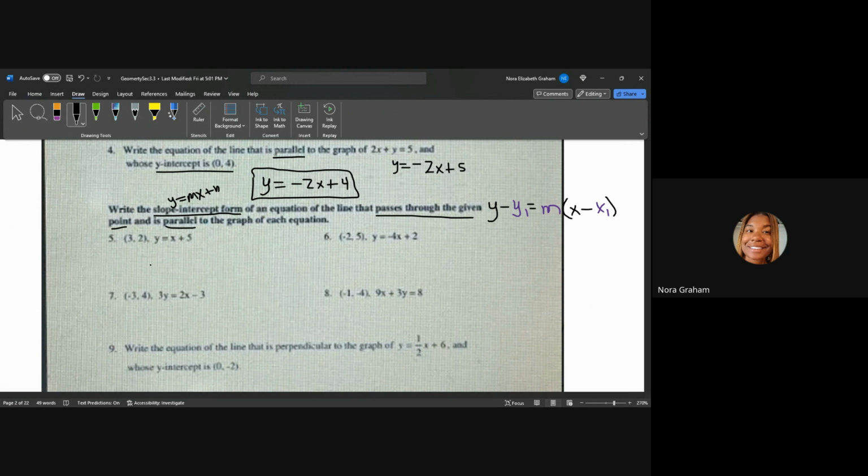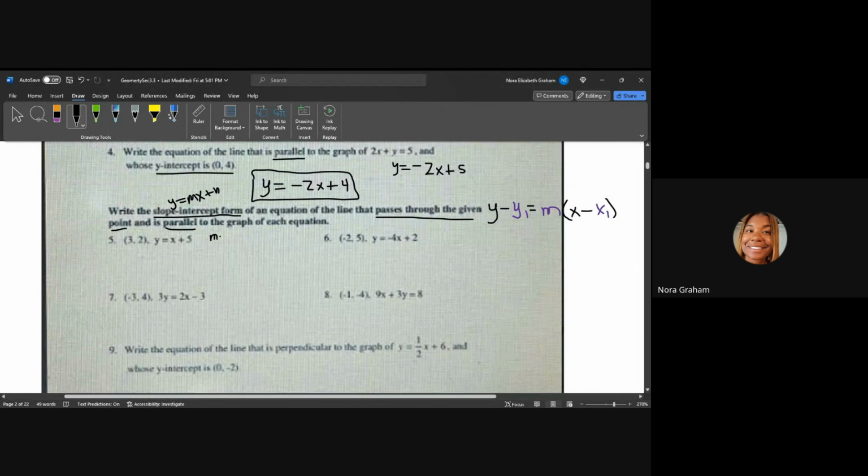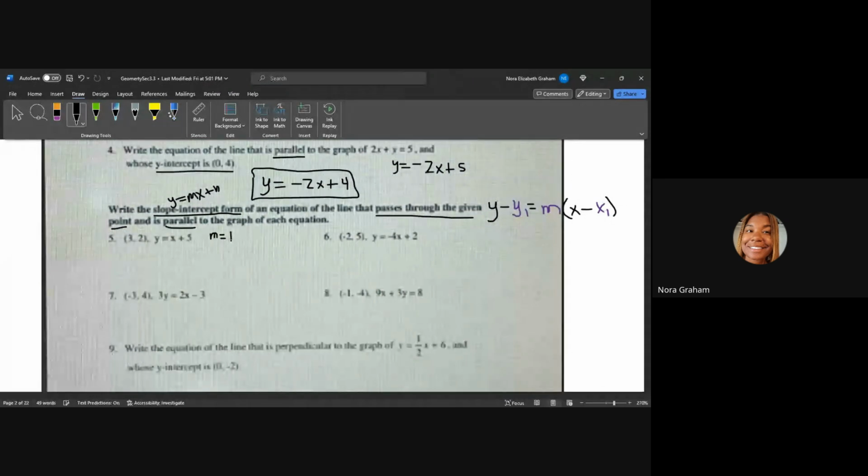So let's go ahead and start with number 5. For this one, I like to identify my slope right off the bat. I know my slope is going to be the same because they are parallel. That's going to be m. My slope here is my coefficient of my x. It's just 1. Right? And we have to pass through this point. So I'm going to have this as my x sub 1.